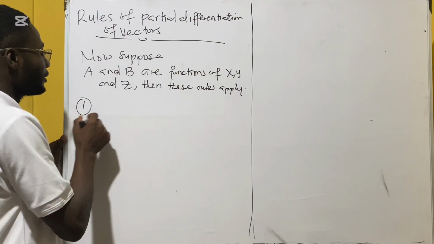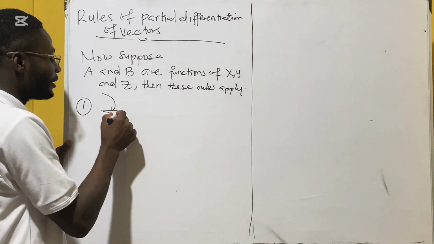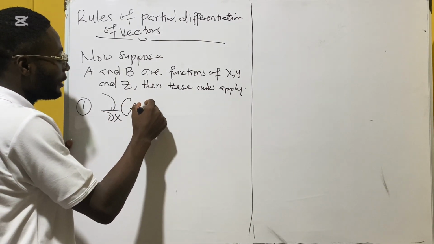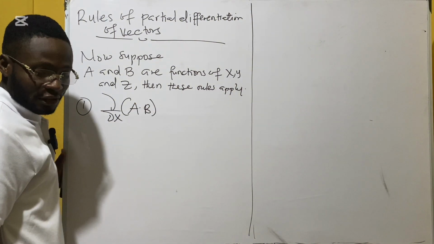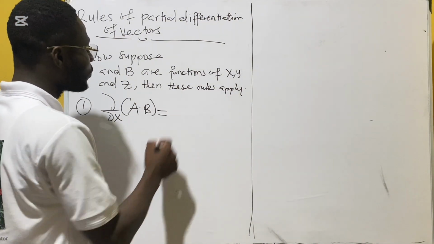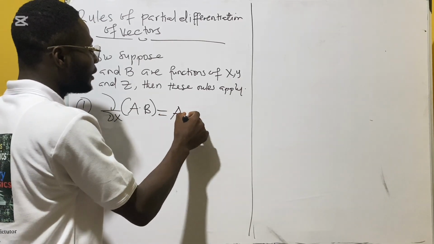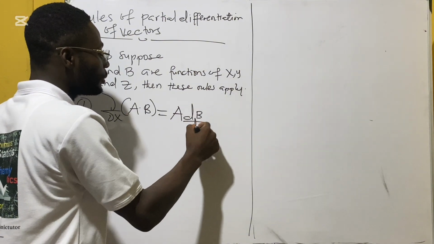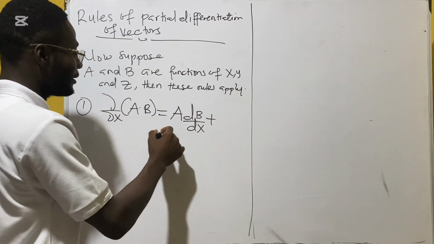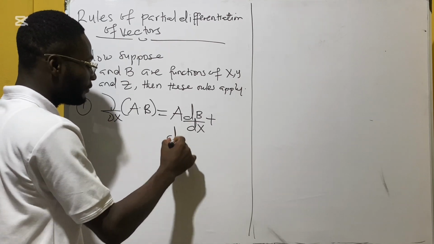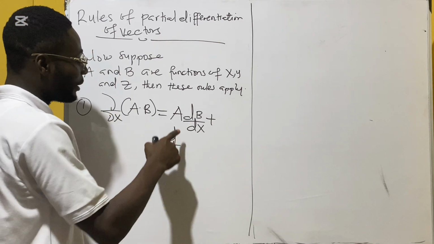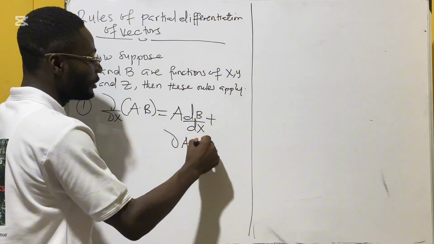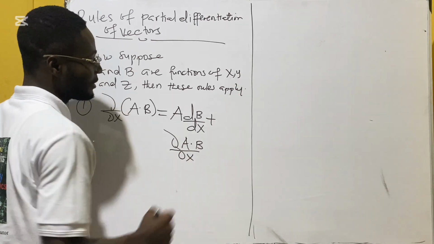Okay, so one, if you have the partial d/dx of A dot B, then you can say that this is equal to A dot the partial differential of B with respect to x plus the partial differential of A dot B with respect to x.